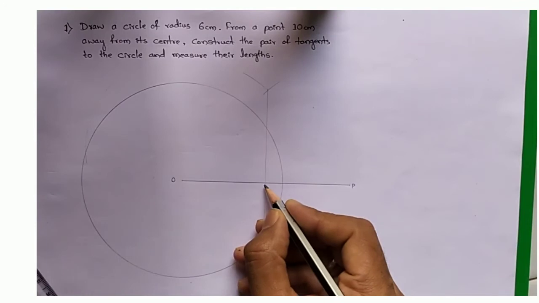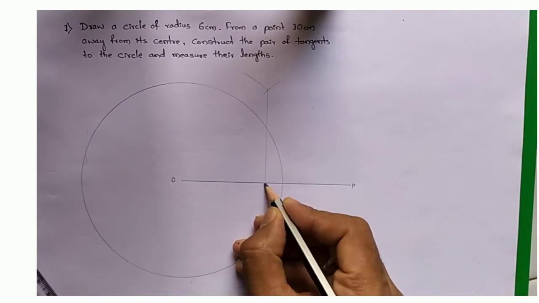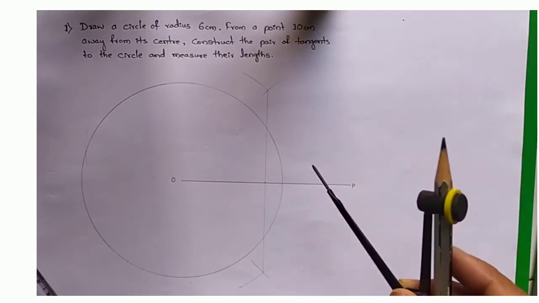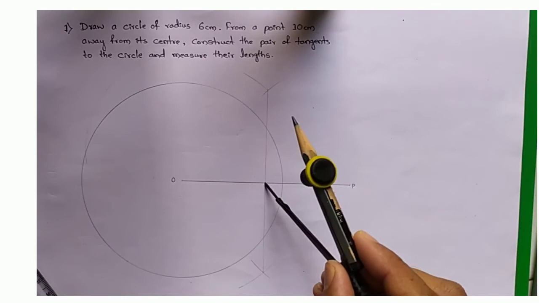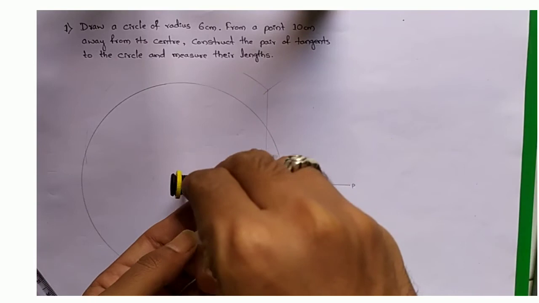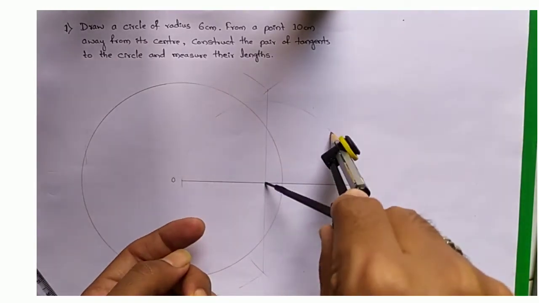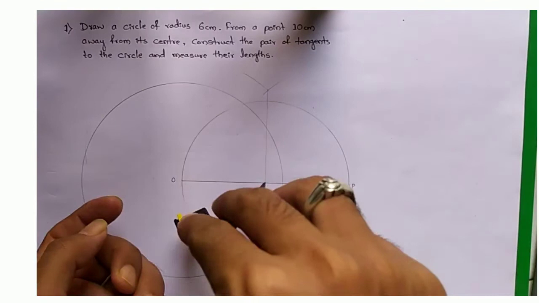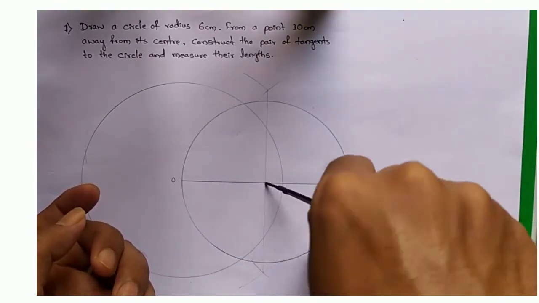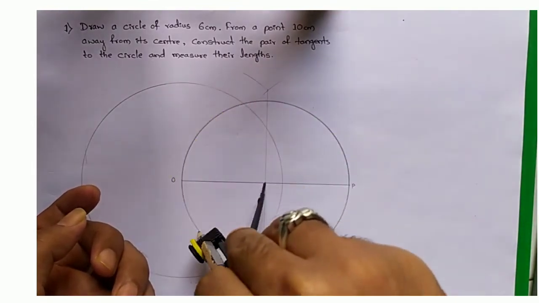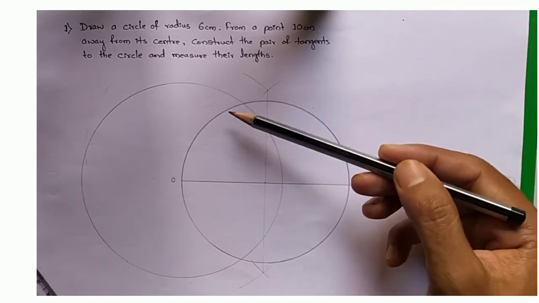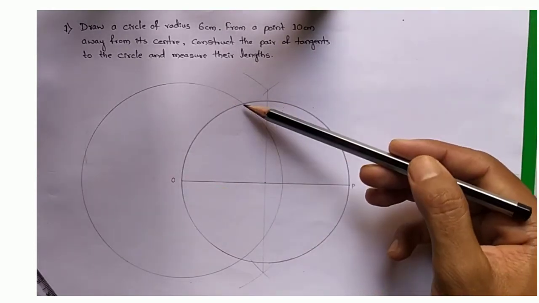So where this line will intersect the OP, that will be our center point of that OP. Taking it as our center point, draw a circle which will pass through O and P. After drawing the second circle, it will intersect the earlier circle at 2 points.